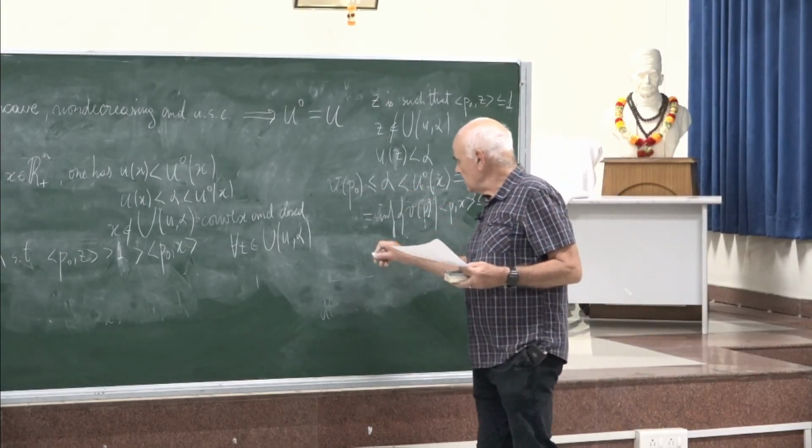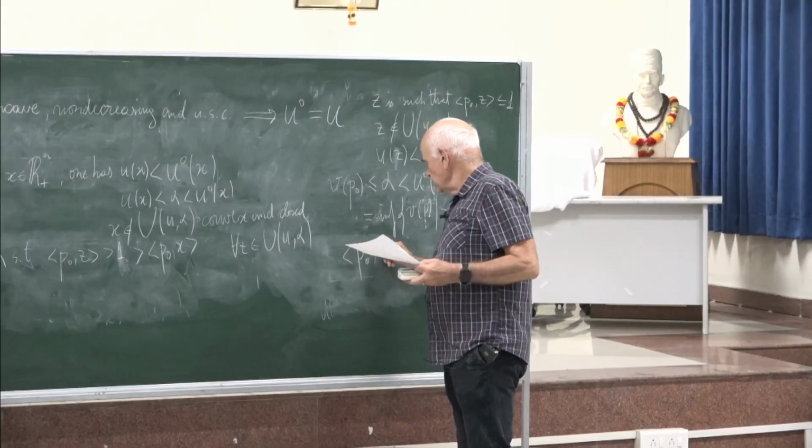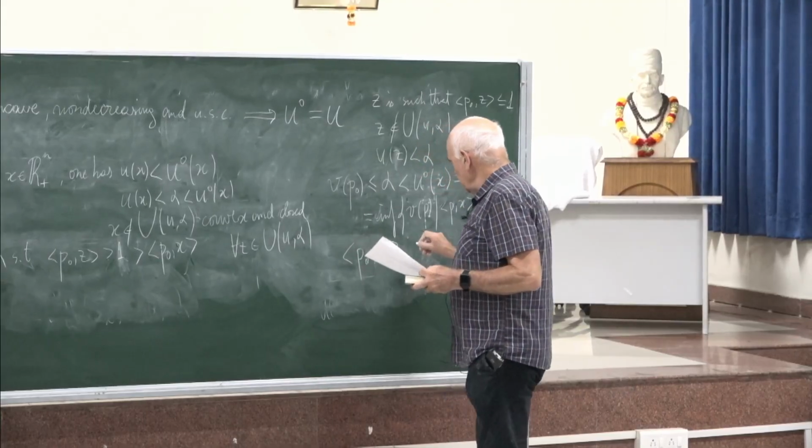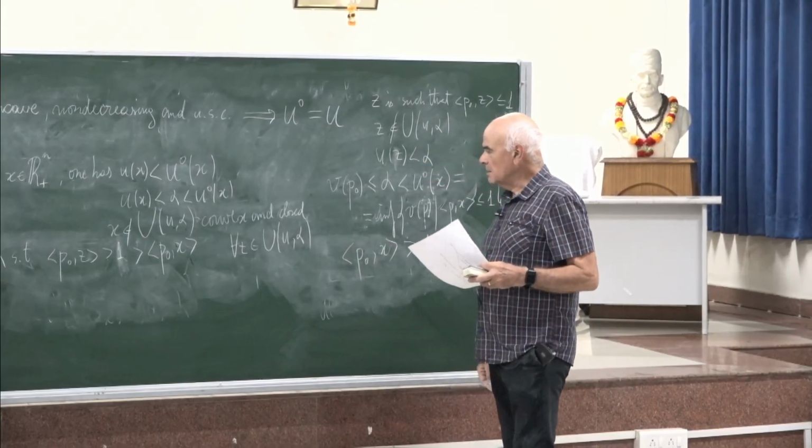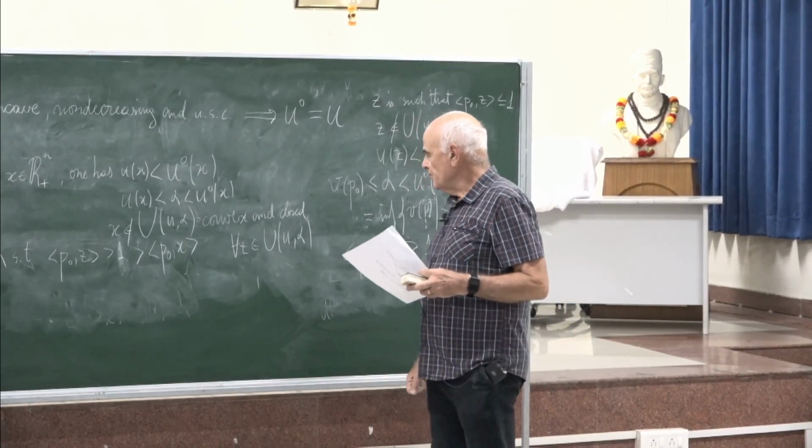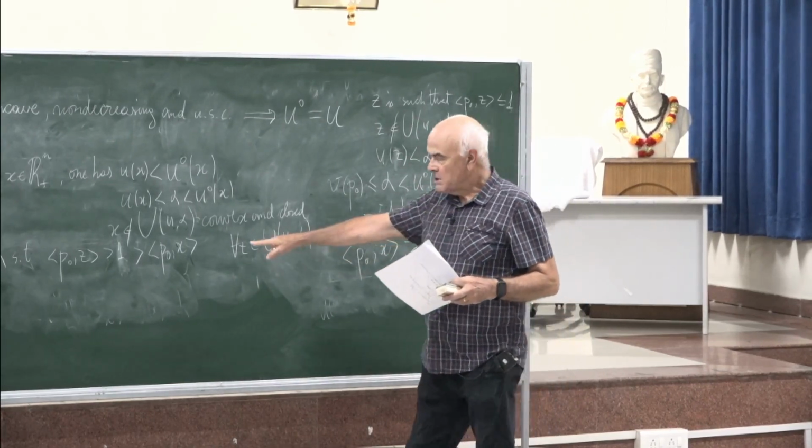So this means that P naught x is strictly greater than 1, which is a contradiction.